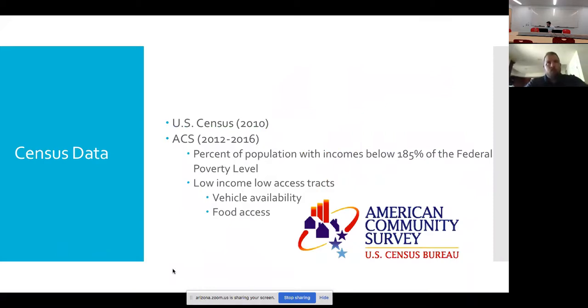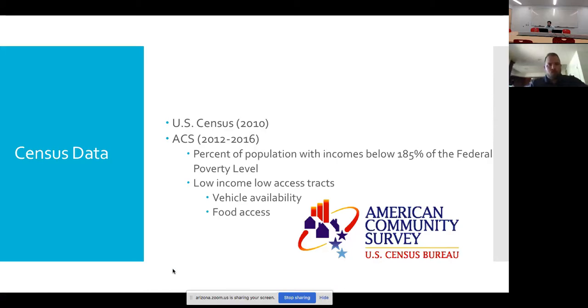So I wanted to break down a little bit more about what kind of census information I was looking for. So with the American Community Survey, or the ACS, I was only looking at the income, the 185th percentile of the federal poverty level, because that is what we currently use to target our program.